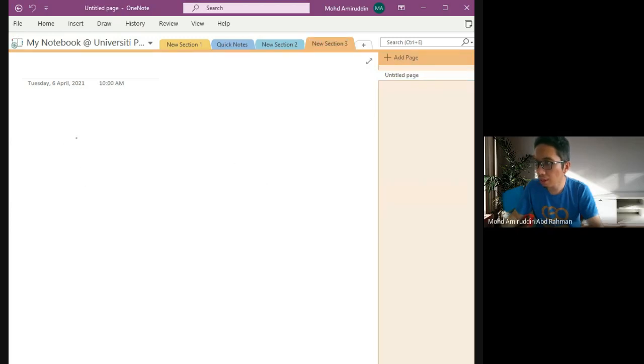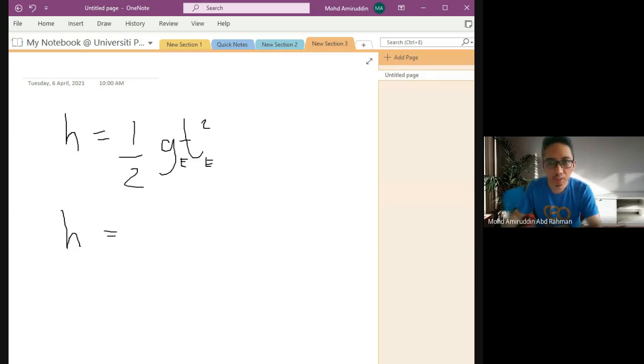What we have now is H equals half G_E t_E squared for the Earth, and H equals half G_En t_En squared for Enceladus.